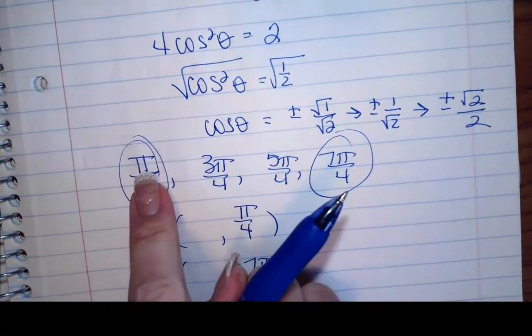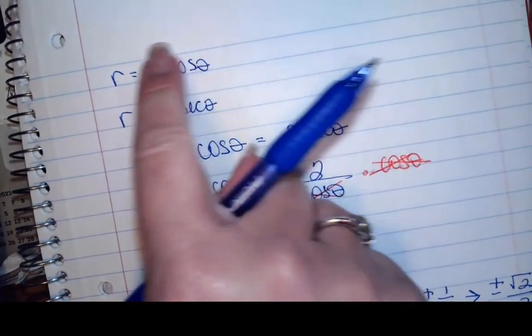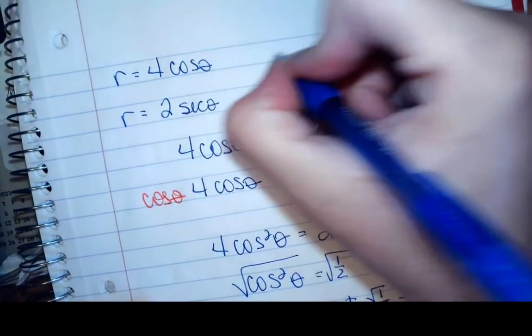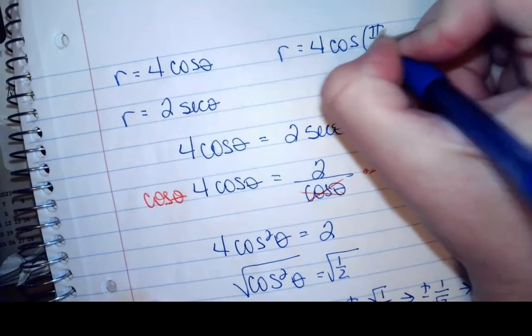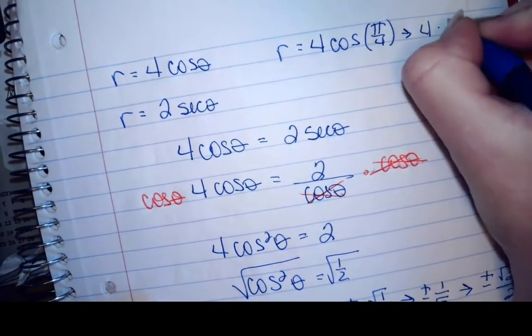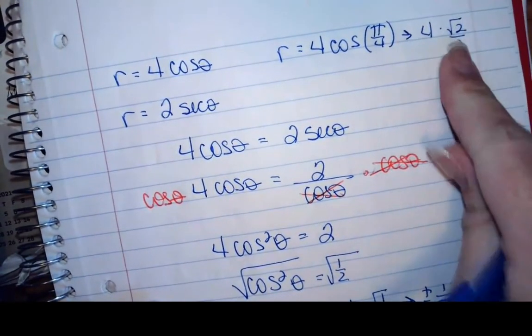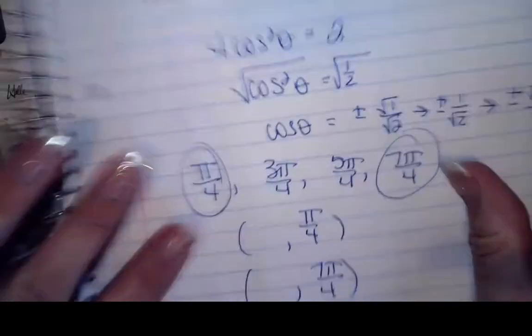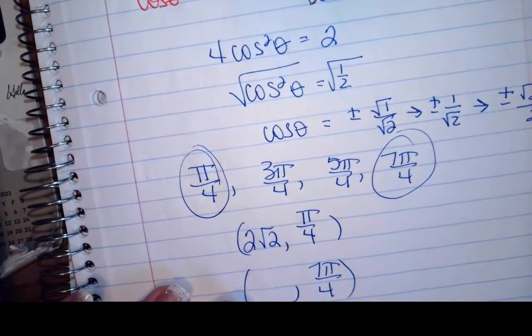I'm going to take pi over 4 and put it into either equation. I prefer this one. So my radius will equal 4 times the cosine of pi over 4, which is 4 times root 2 over 2, which reduces to 2 root 2. So here my radius is 2 root 2.